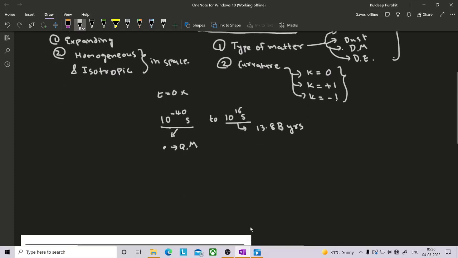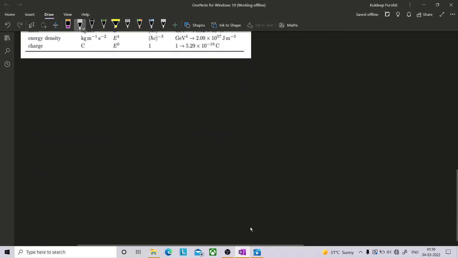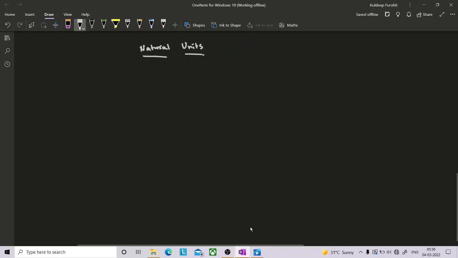So let us begin with the concept of natural units. Natural units are the most important units when we work with high energy physics.